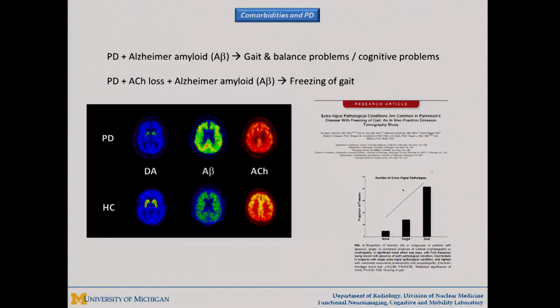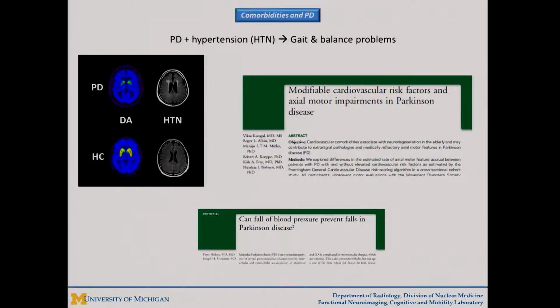If you have Parkinson's disease and you have these Alzheimer's amyloid kind of plaques, which is, it's not that common, I have to say that, it's not that common. But even to a very minor degree, that might just be normally age-related, you have gait and balance problems, and you develop some cognitive problems with that as well.